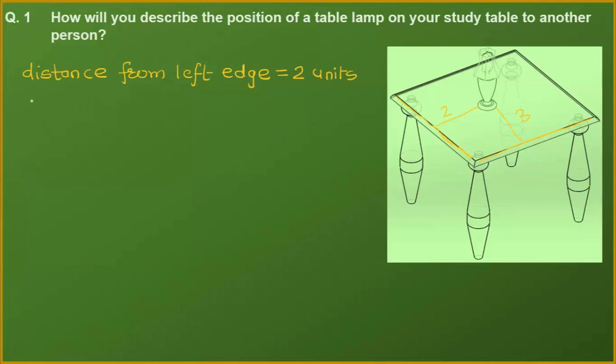And distance from bottom edge, if I say, it can be 3 units, right? That I have taken. Means if I measure with the help of a ruler the perpendicular distance, it may come 2 units and 3 units.